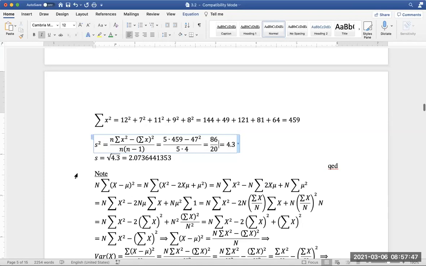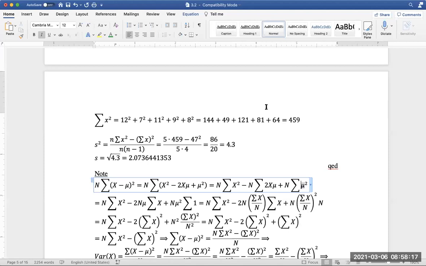So note, again, n times the sum of (x minus mu) squared, by the special product formula. (X minus mu) squared is just x squared minus 2x mu plus mu squared. Using the fact that the summation is linear, this is equal to n times the sum of x squared minus n times the sum of 2x mu plus n times the sum of mu squared.